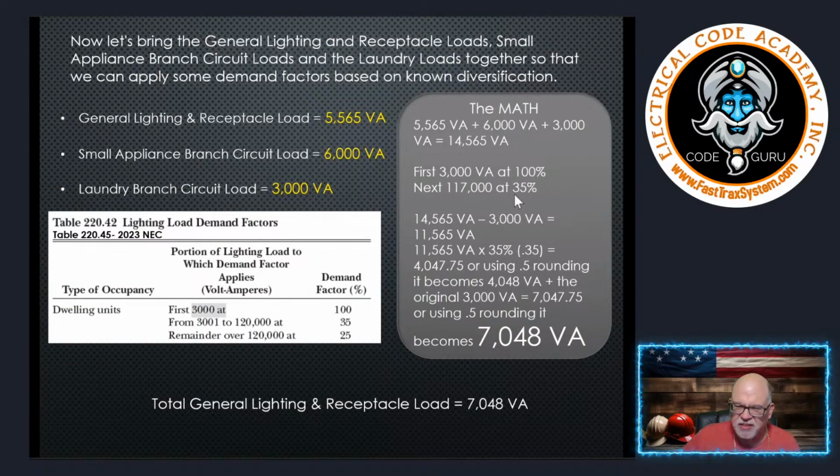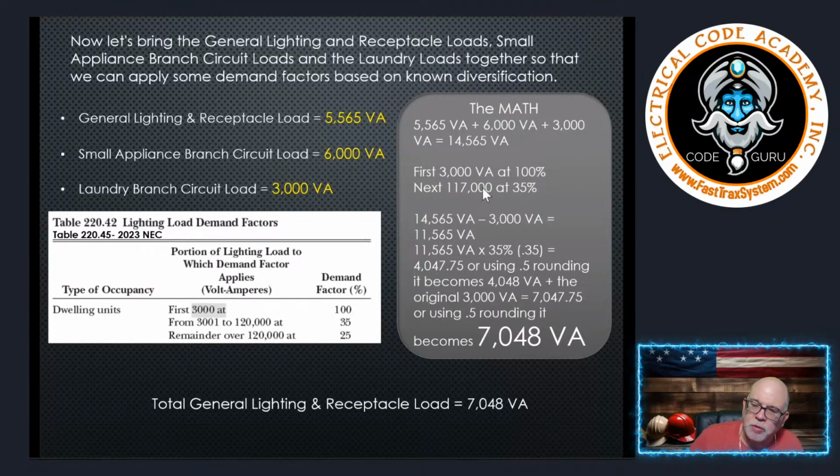If you were doing a massive house and had any additional VA over 120,000, you're able to reduce that by 25%. So you stack the effect, and it really gives you a good demand factor for these dwellings. But in our case, we only have the first 3,000 at 100%, and then from 3,001 up to 120,000, we're going to fall in the 35% factor.